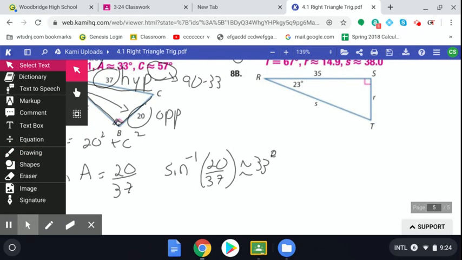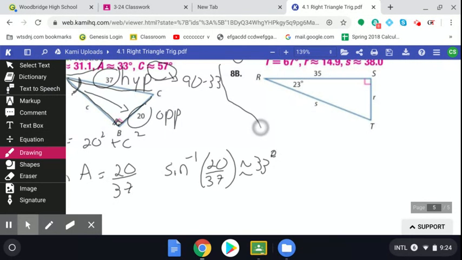Okay, and the last one, last example. So here I have this angle. I can easily find this angle here by doing 90 minus 23, which is 67.